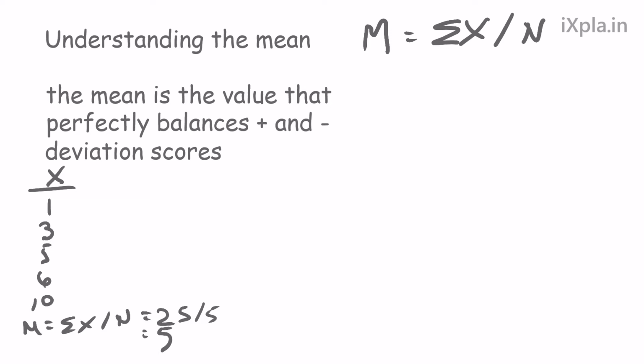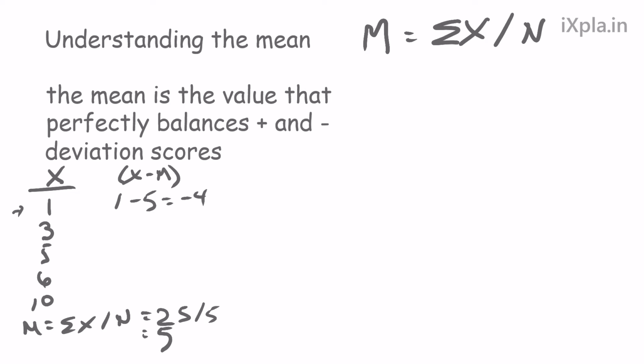Now, every score has a distance from the mean of 5 that you just calculated. 1 is a score, 3 is a score, 5 is a score. And that distance is called its deviation score. So x minus M equals the deviation. So 1 minus 5 is equal to -4.